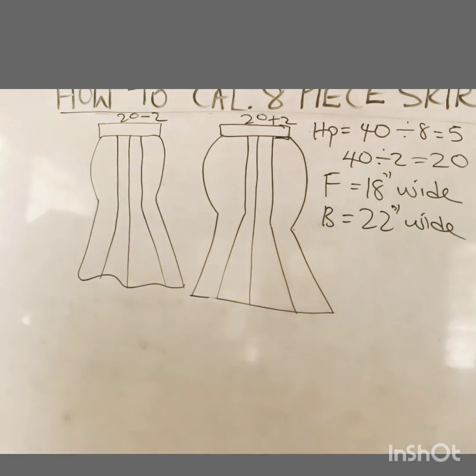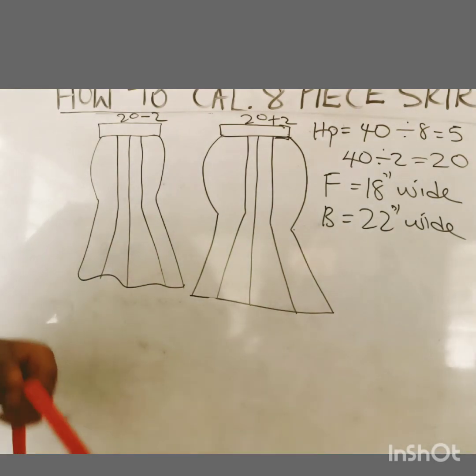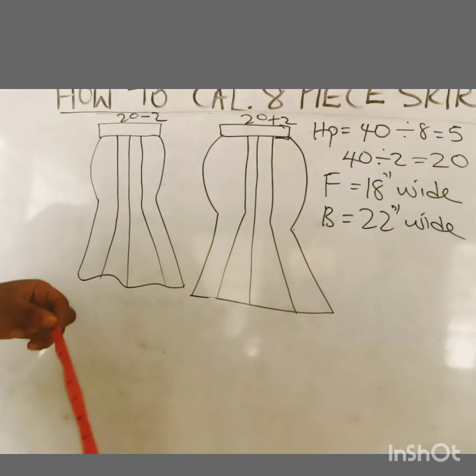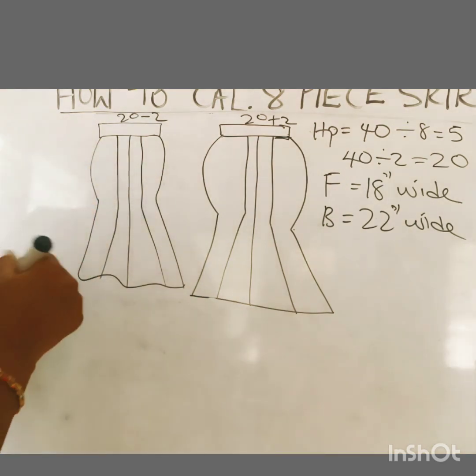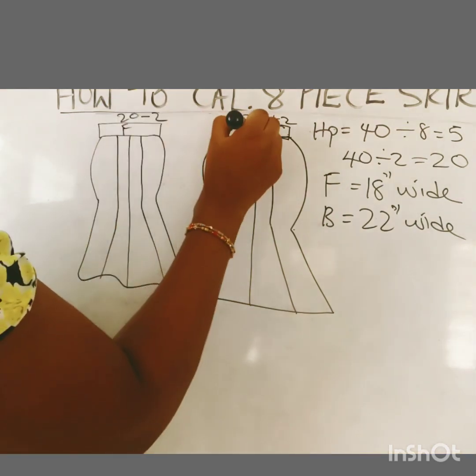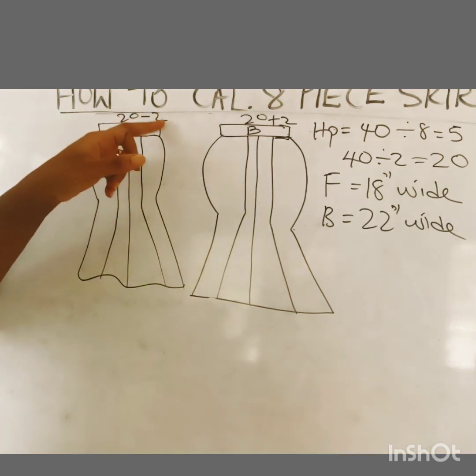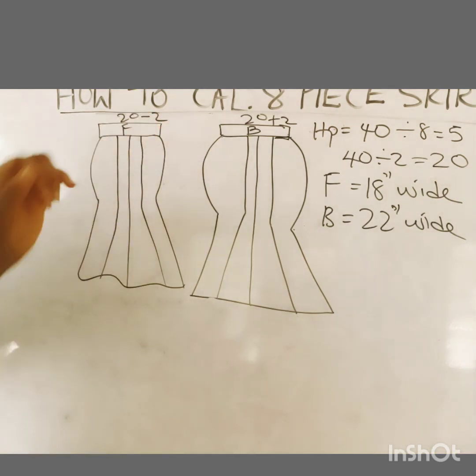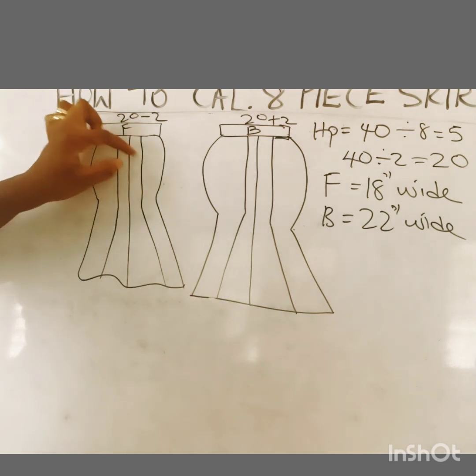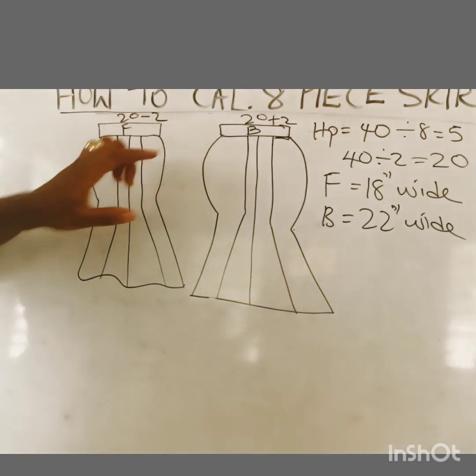So if for example we want to share this 18 into 4 for this front piece, assuming this is the front and this is the back, the easiest way to do it, remember that you are subtracting 2 inches. Subtracting 2 inches is like removing half from each of them.